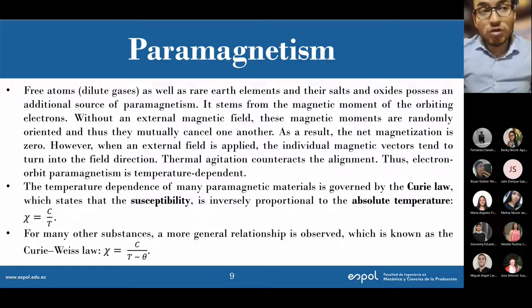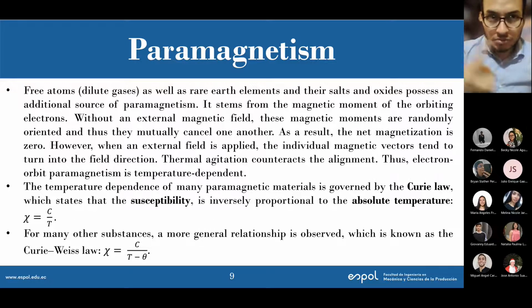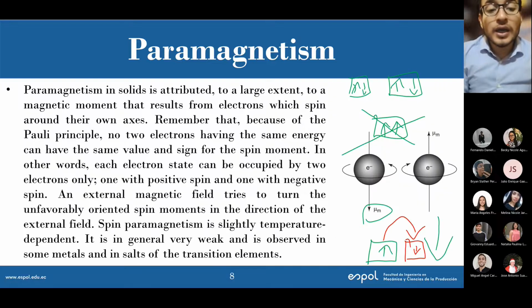And that's why electron orbit paramagnetism is also temperature dependent. Okay. So this second effect, generated by electrons orbiting and contributing to paramagnetism, is stronger, and its dependency on temperature is stronger than this first effect that just depends on the electron spinning around its own axis, right?